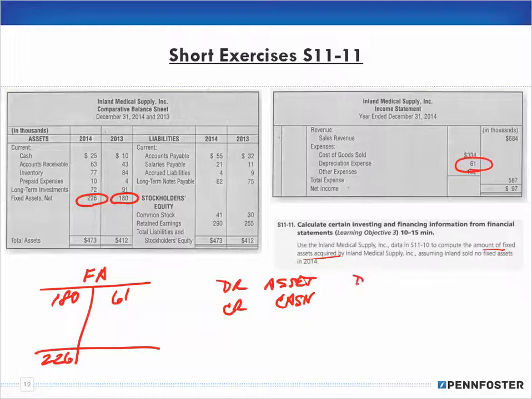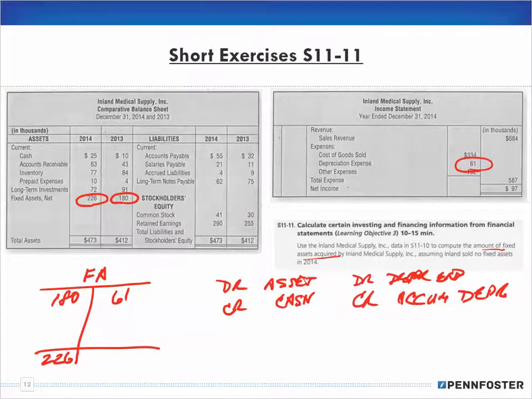And when we depreciate it, we're going to debit our depreciation expense, and we're going to credit our accumulated depreciation. When we make that journal entry and we post it, that gives us the credit to that particular account.